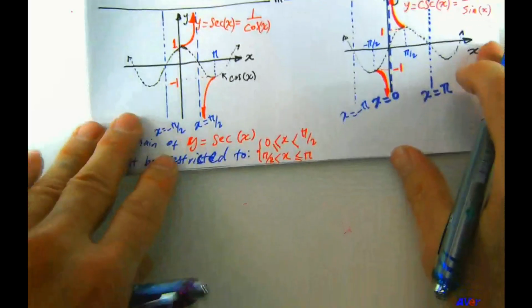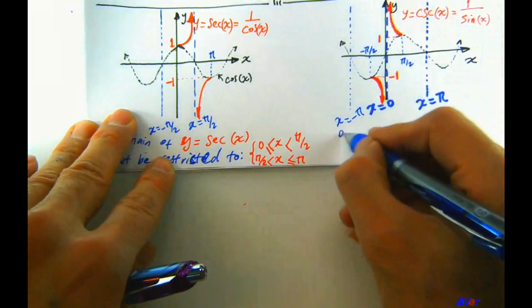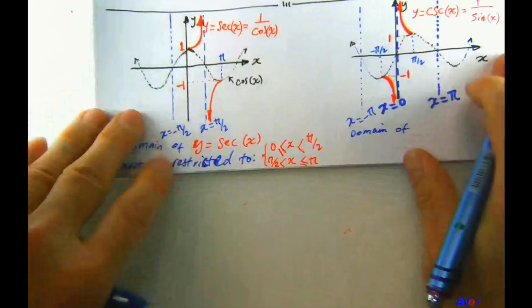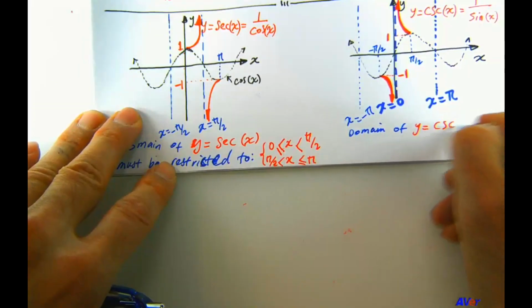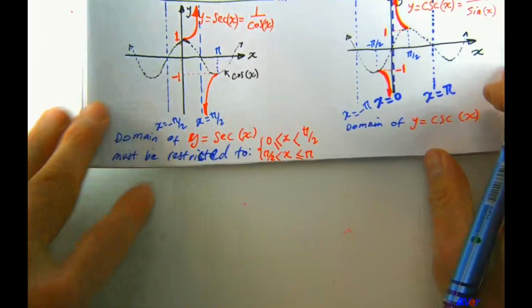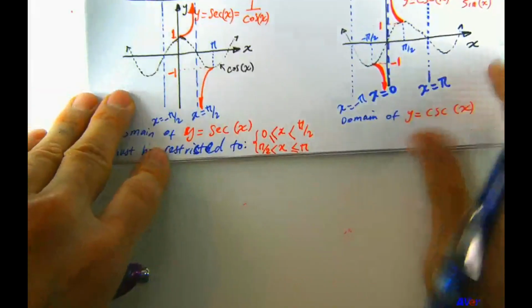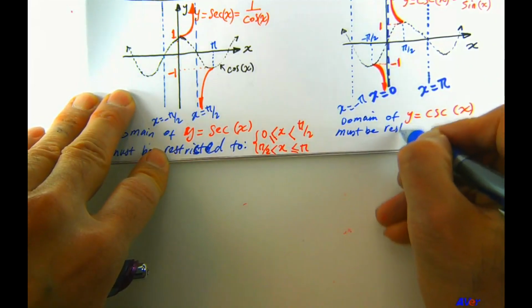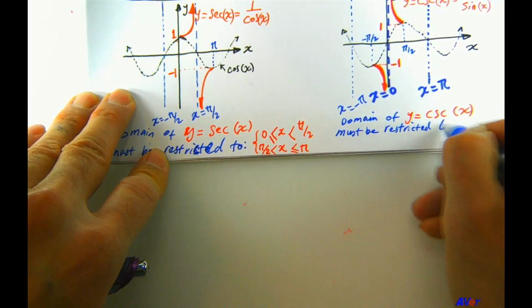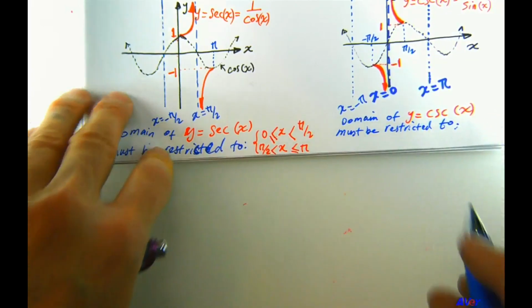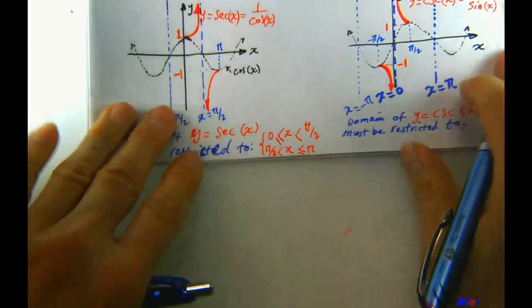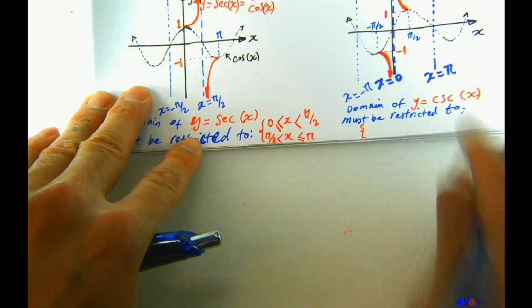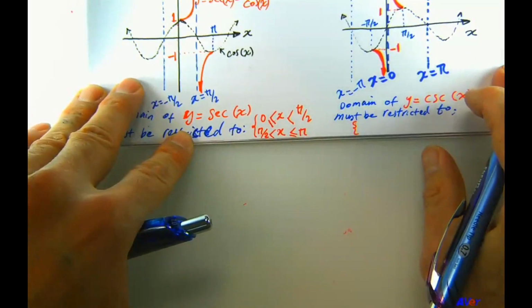Okay, so the domain of y equals cosecant of x must be restricted to these two regions. So I'll try to fit it in here.